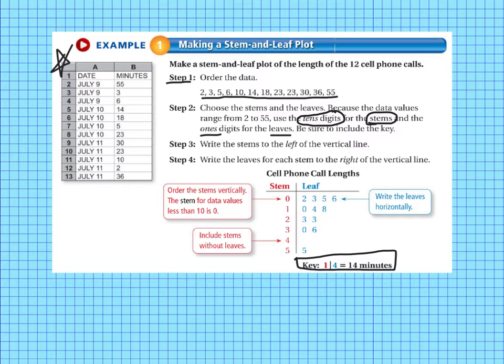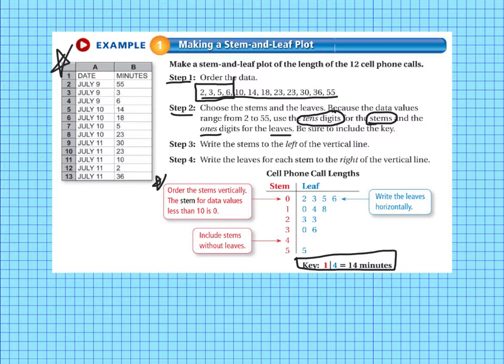Our step 3 is we write the stems to the left of the vertical line. So our stems for all of our single digit numbers are all 0, because the number in the tens place for those is a 0. And so here's a note. It says order the stems vertically. The stem for data values less than 10 is 0.